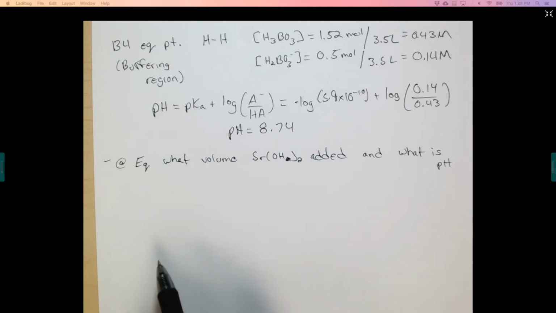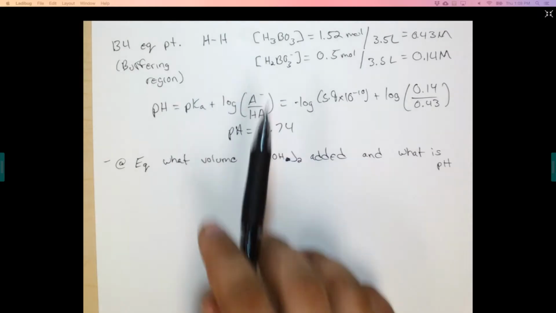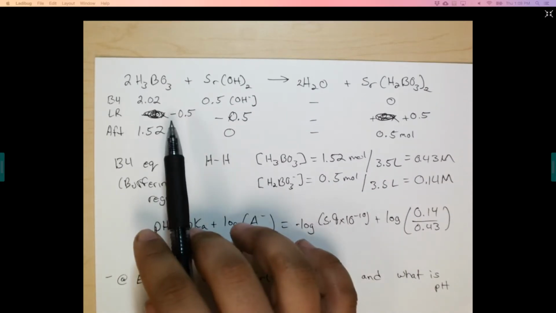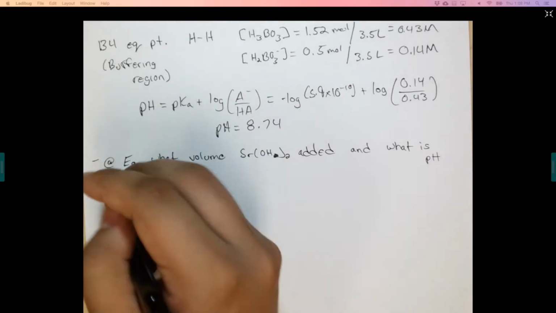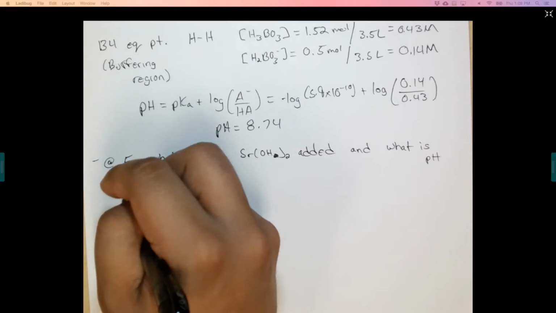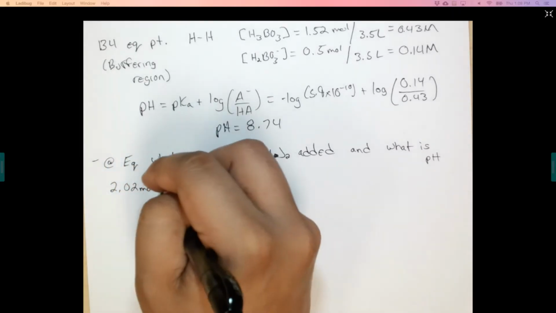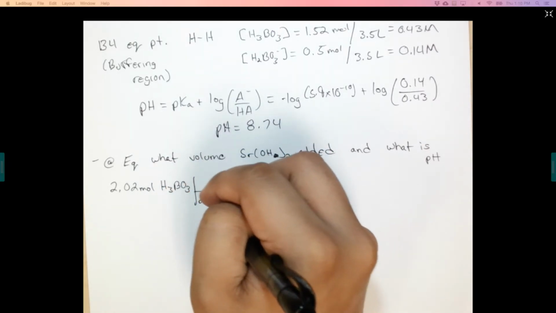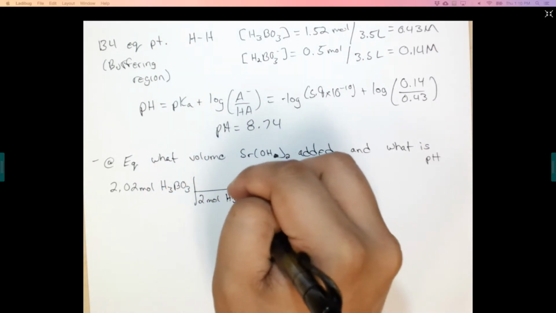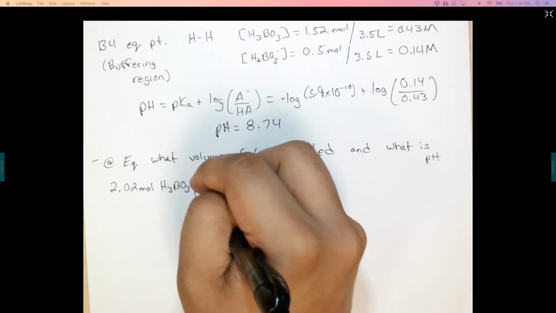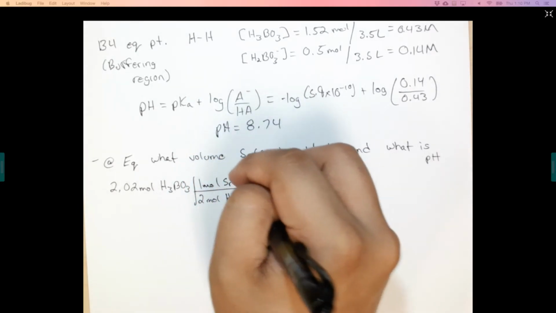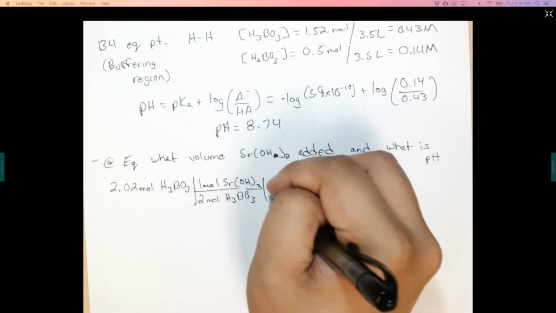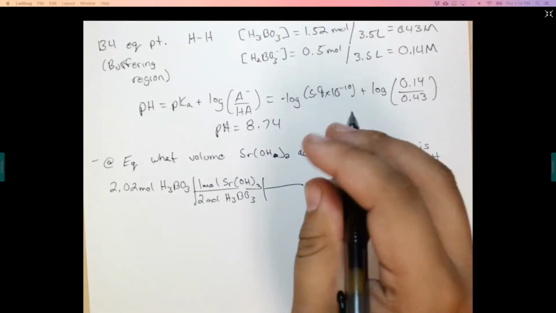We know that the number of moles, 2.02, right? So if we look at just some basic dimensional analysis, 2.02 moles of H3BO3, and for every 2 moles of H3BO3, we only need 1 mole of the strontium hydroxide because it has 2 hydroxides.